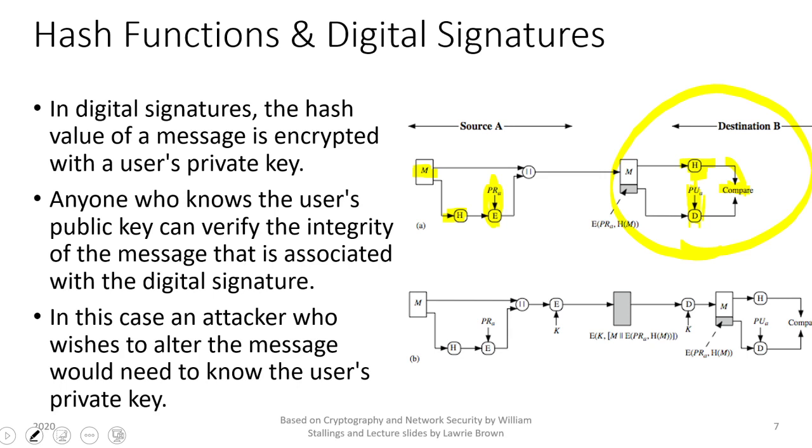In addition to this, what we can also do is, say, we can take the message. So the message is from A. So A is going to now generate a hash for that message. Now they will take the hash and they will encrypt it with their private key.